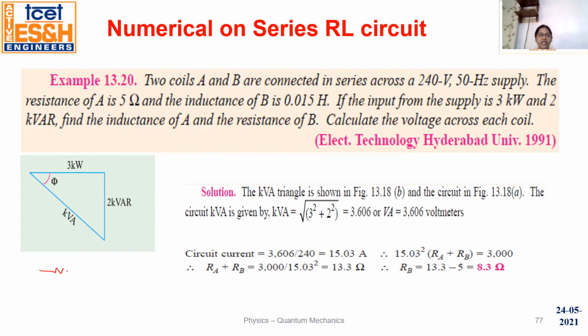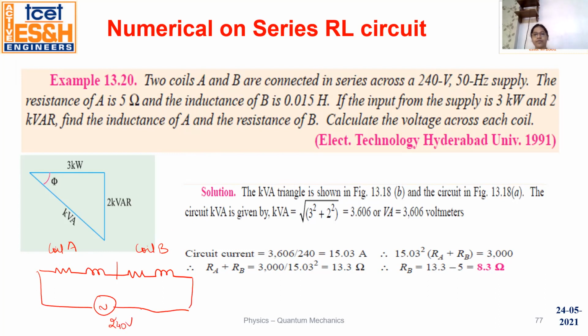It means your circuit has resistance and inductance, then resistance and inductance. These are the two coils. This is coil A. This is coil B. And it is supplied by an AC source having the value of 240 volt. Now here you see that A has the resistance of 5 ohm, whereas B has the inductance of 0.015 Henry.